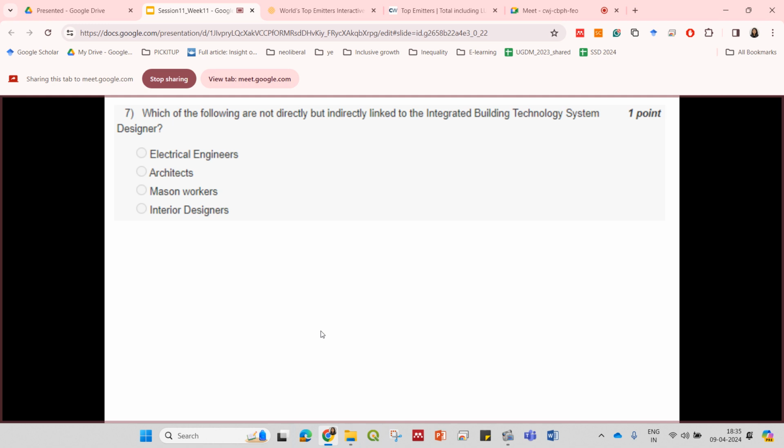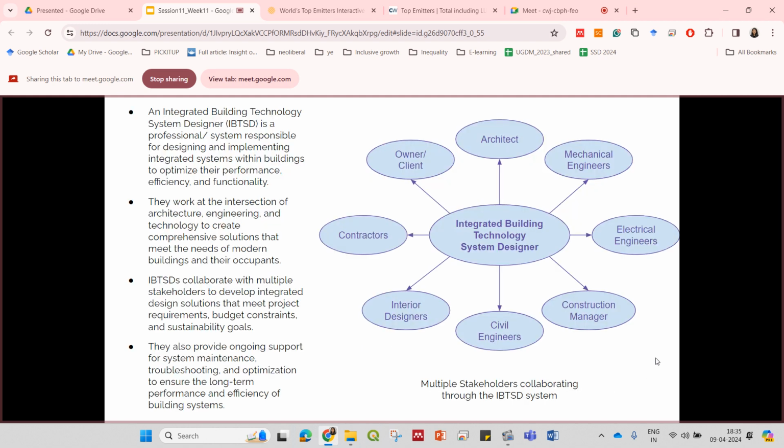So this question is basically talking about the various stakeholders that are connected or integrated within this system. So these are the stakeholders that are integrated within the system. You have an architect, mechanical engineers, electrical engineers, construction managers, civil engineers, interior designers, the contractors, and the owner or the client.